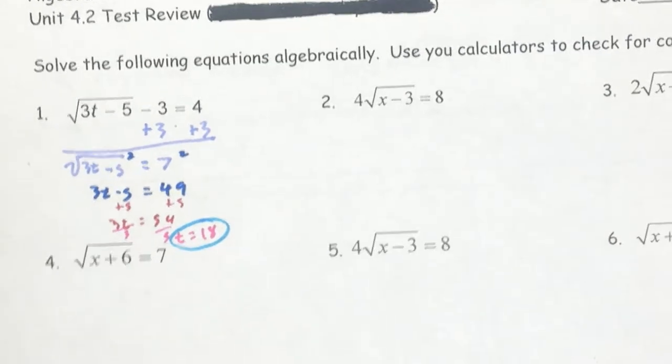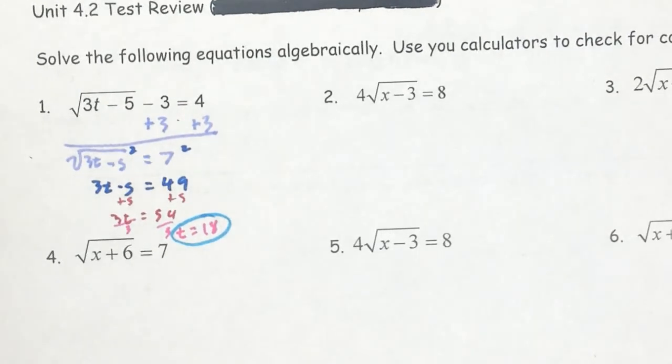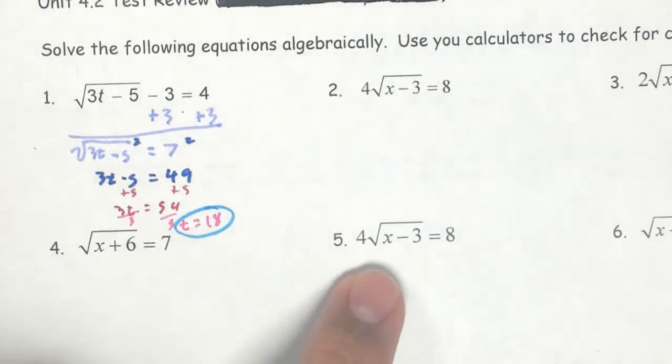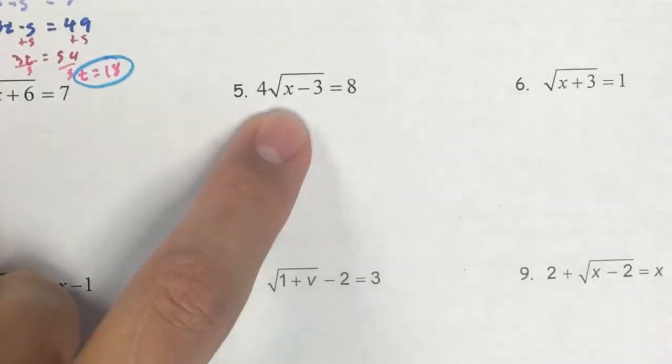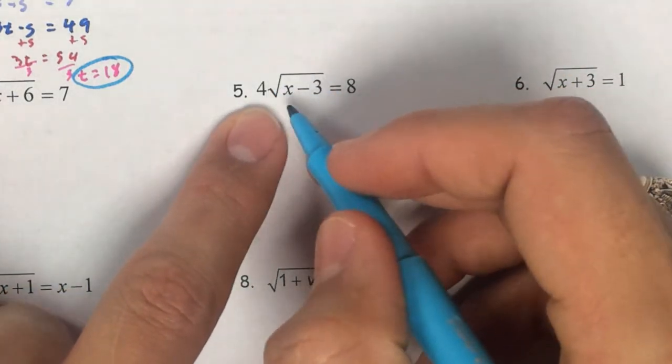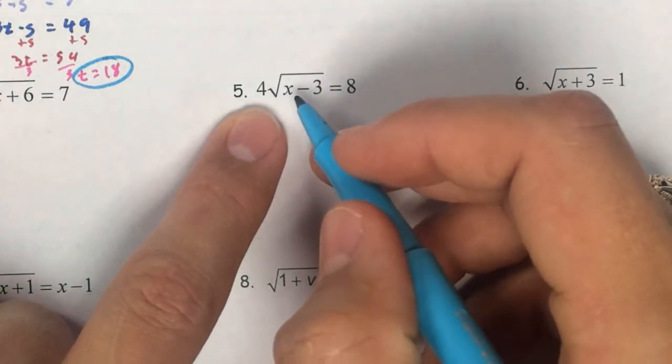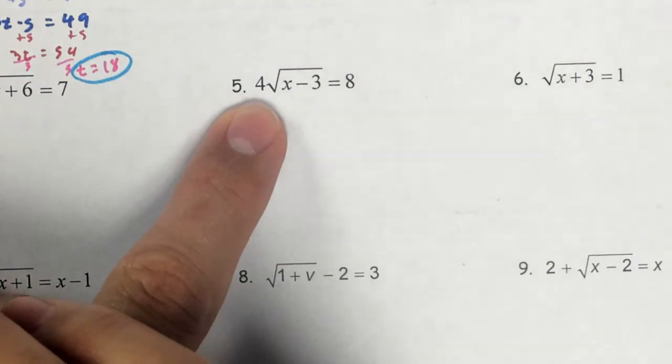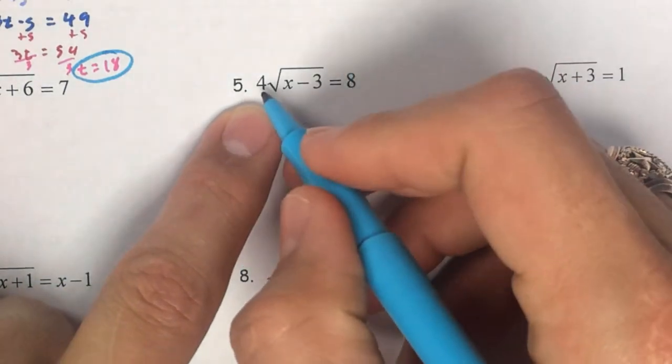Let's look at another one. Let's go with number 5 here. On number 5, I'm going to do the same thing. I have to make my radical by itself. To get my radical by itself, I have to get rid of this 4.